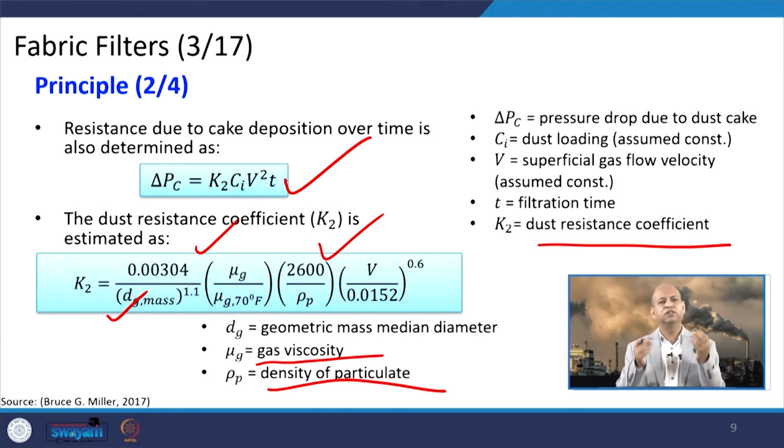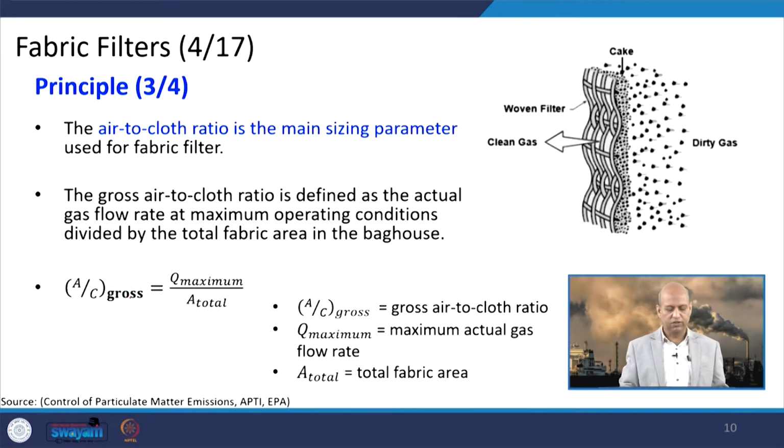So, we calculate the mean or median diameter of those particles to be used for this calculation. Then the air to cloth ratio is also a very important governing factor for the efficiency of collection of particles through fabric filters.